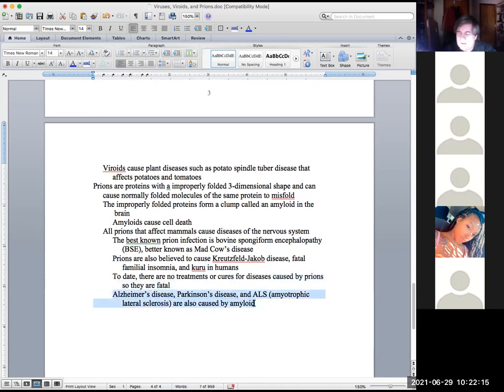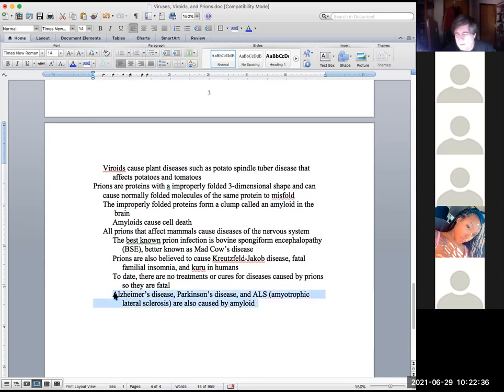The reason we're interested, though, is because there are some diseases like Alzheimer's disease, Parkinson's disease, ALS, amyotrophic lateral sclerosis, that are also caused by amyloids. Remember, this clump of proteins up here was an amyloid.